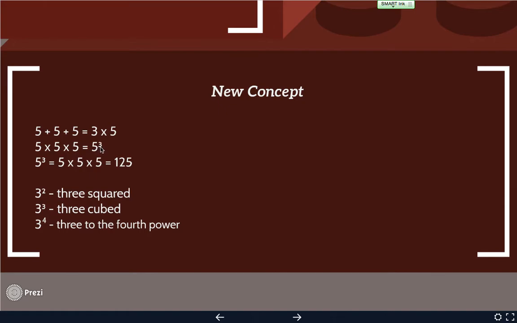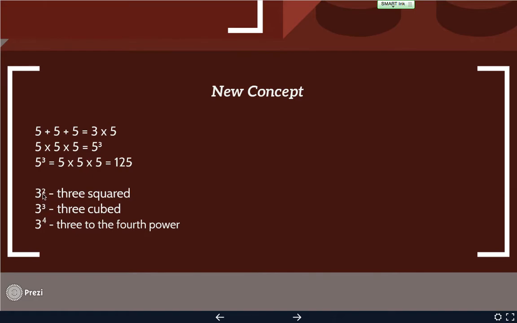This 3 is called an exponent, and that shows how many times we're multiplying this 5, which is our base number. So 5 to the third power, or 5 cubed, is 5 times 5 times 5, and that equals 125.